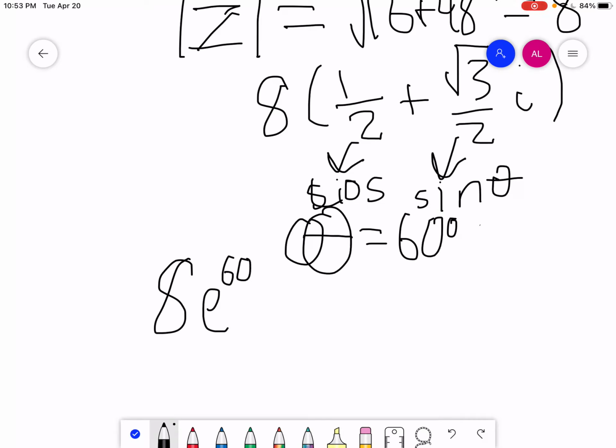And taking the cube root of this will be the same thing as 2 times e to the 20 i.